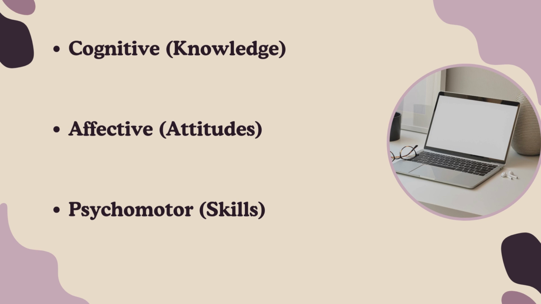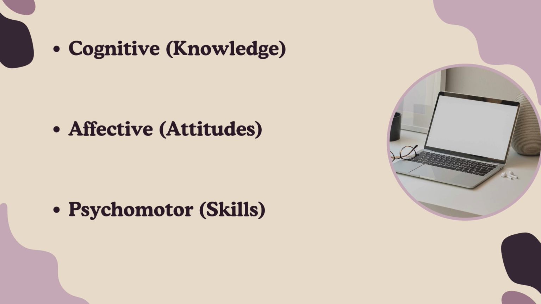The next is affective. The affective domain focuses on emotional aspects of learning, such as attitudes, feelings, and values. It is concerned with the student's development of values and attitudes that influence how they learn, interact, or approach various subjects.